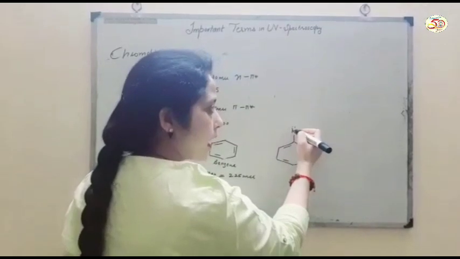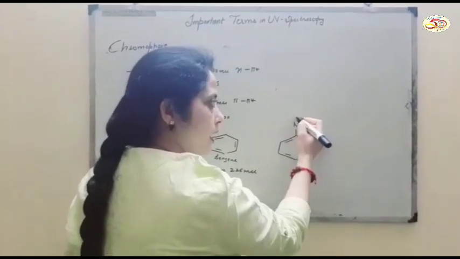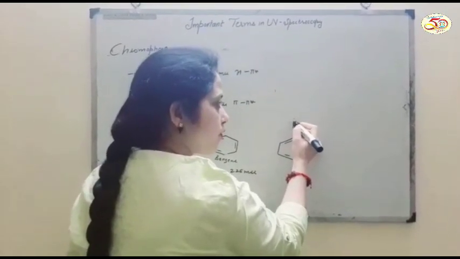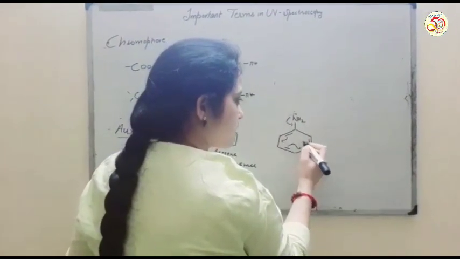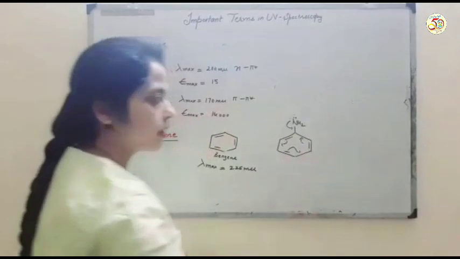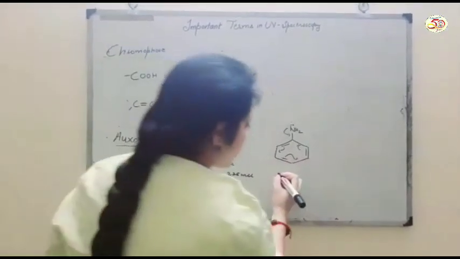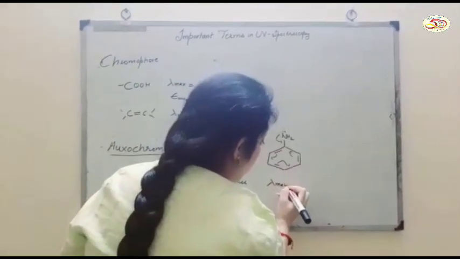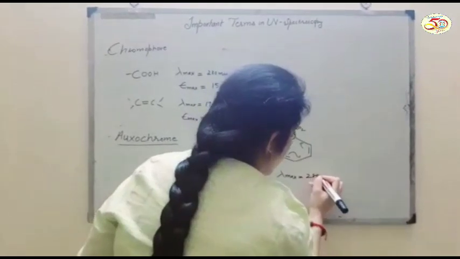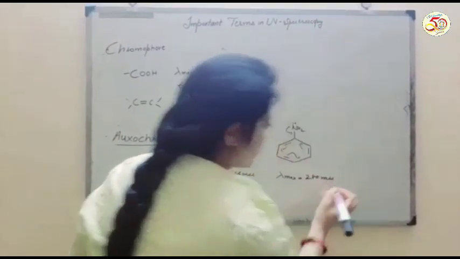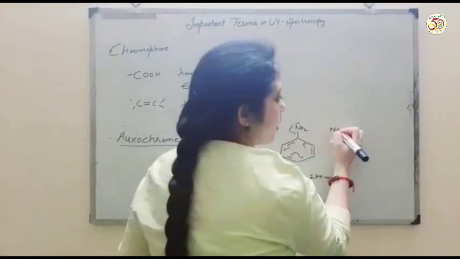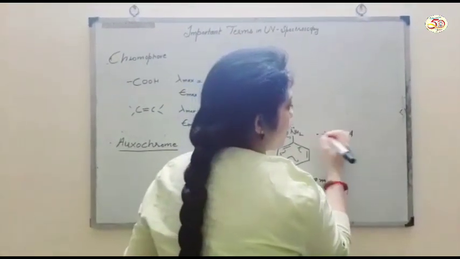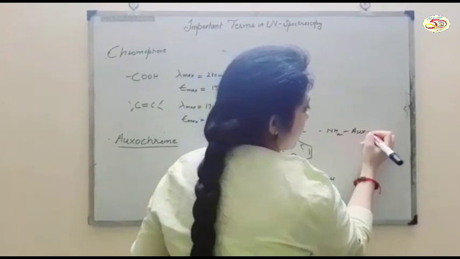As we know, nitrogen has non-bonding electrons, and this lone pair of electrons comes under resonance with the ring electrons, and that shifts the lambda max to 280 millimicron. So the NH2 group acts as an auxochrome here.